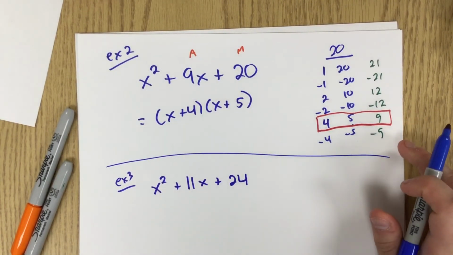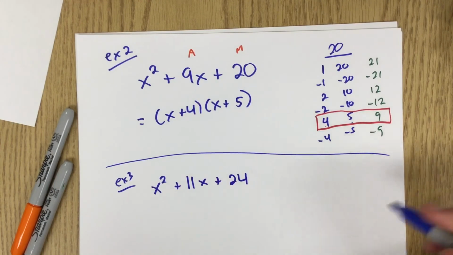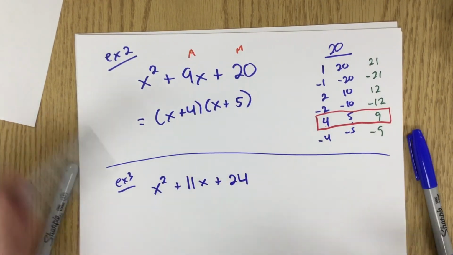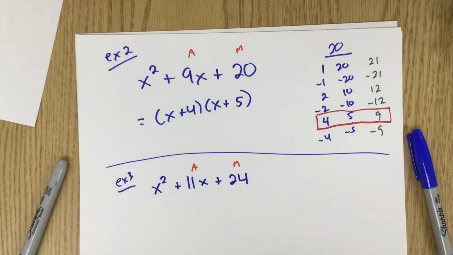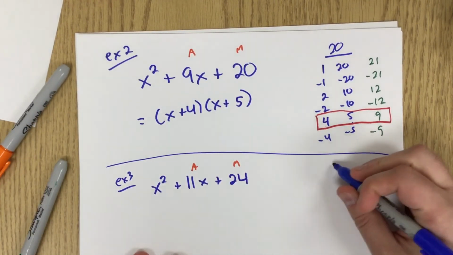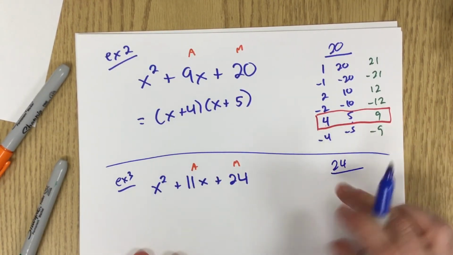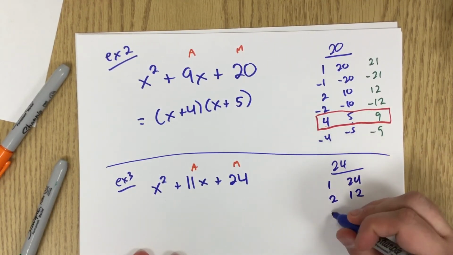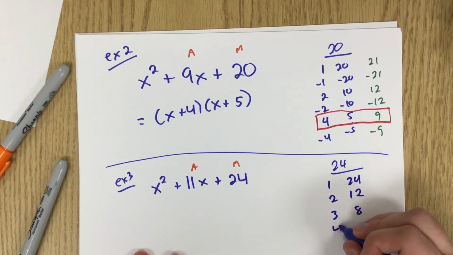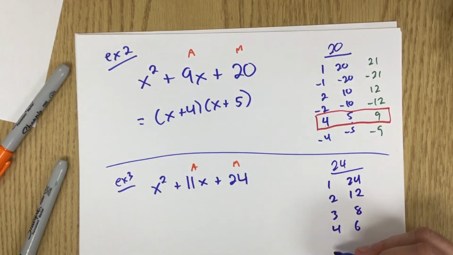I'm going to leave out the negative numbers for now. We're going to come back to them in a second. So again, we want things that add up to this and multiply to this. So it's going to be 24. So we have 1 and 24, 2 and 12, 3 and 8, 4 and 6, 5 and that doesn't work, 6.